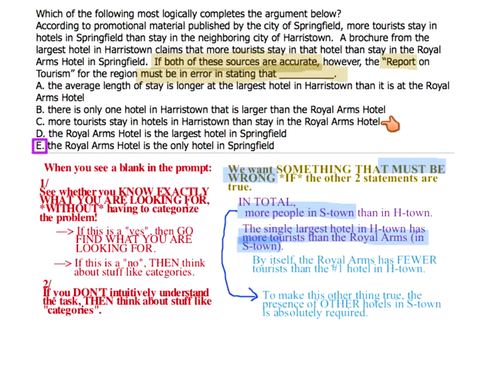C, more tourists stay in hotels in Harristown than stay in the Royal Arms. Not only does this not have to be wrong, but this is actually definitively true, because we already know that you can find one hotel that contains more people than the Royal Arms.